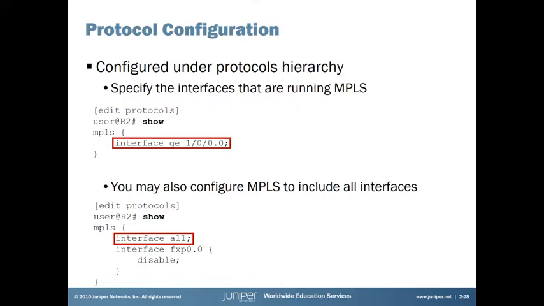We also have to go under edit protocols and add the interfaces that we're going to include in the protocol under that hierarchy. We can use interface all, and we can exclude certain interfaces, which may be a more efficient way of doing it. Just note that you won't ever need to include your management interface in the protocol.